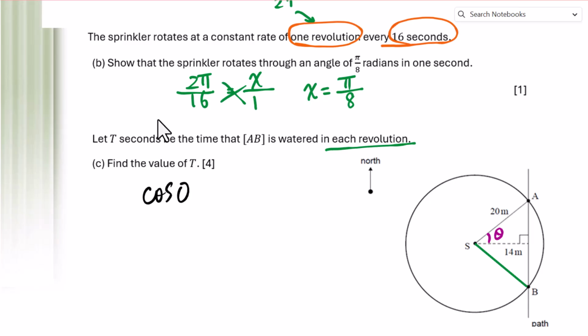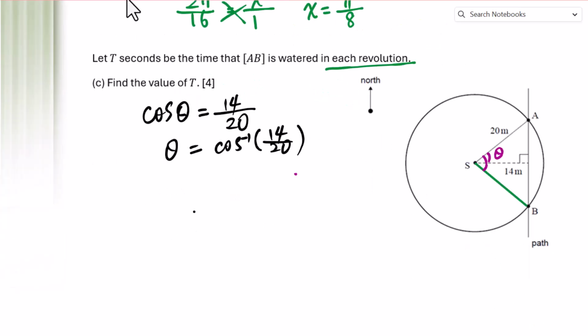So cosine theta equals 14 over 20, and theta equals inverse cosine of 14 over 20. Let's set up the ratio. Pi over 8 over 1 equals 2 theta over t.